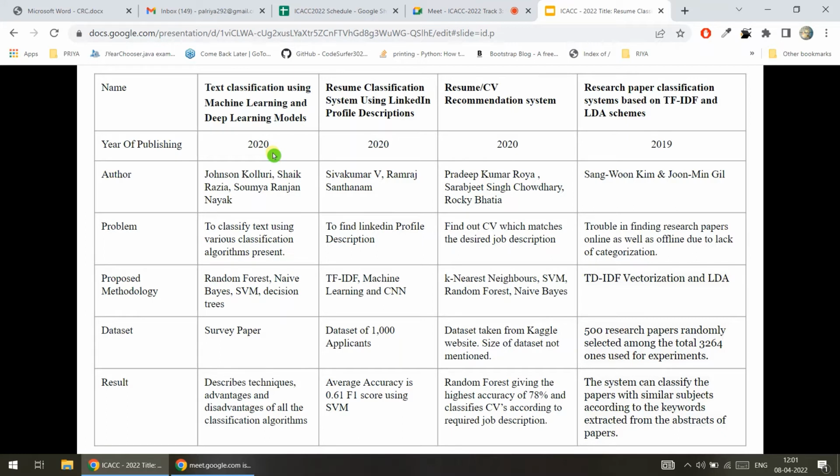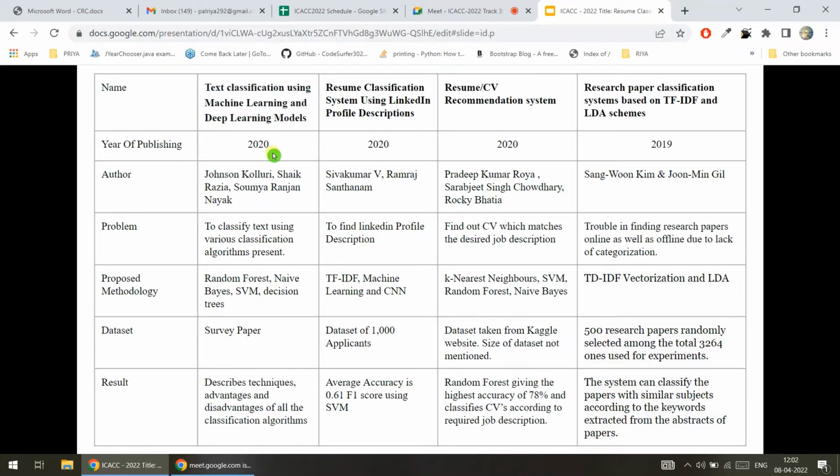Then the last research paper is about research paper classification to find research papers online. As people find it difficult to find the required research papers, these authors made a model that can group similar research papers together. They used TF-IDF, which is term frequency inverse document frequency, which basically gives the words or documents their frequency count.